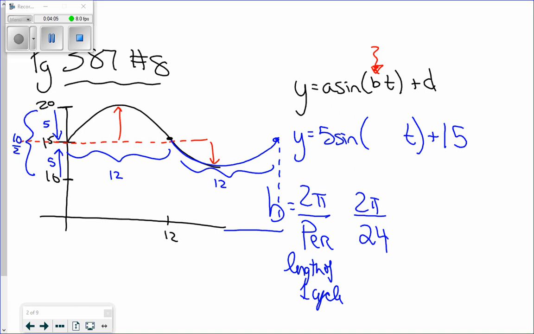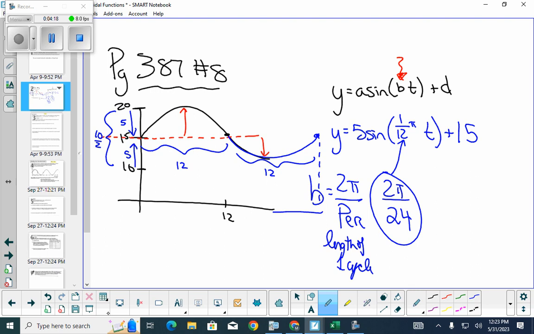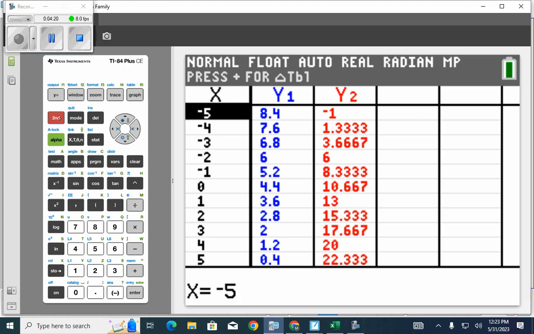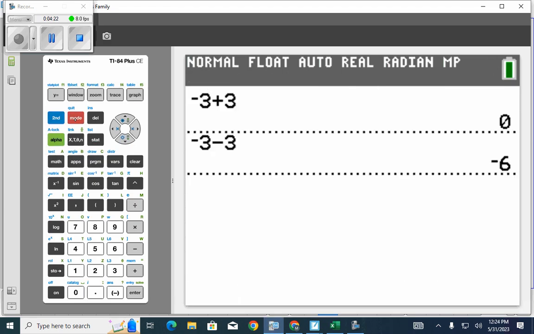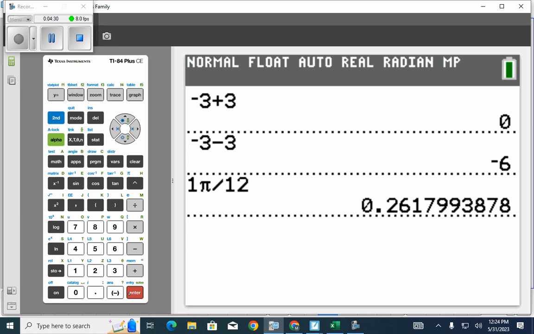So if you want to leave this as an exact answer, you would reduce the 2 over 24 to 1 over 12. Okay, so that's the exact answer. If you were to show it as a decimal, you would go 1 times pi divided by 12, or 1/12 times pi, doesn't matter.